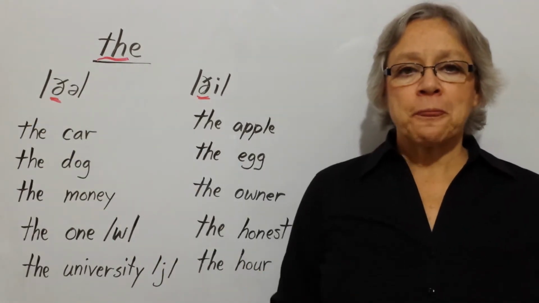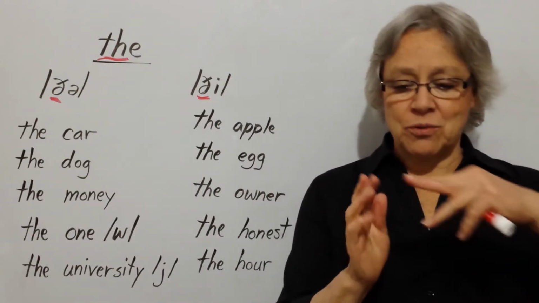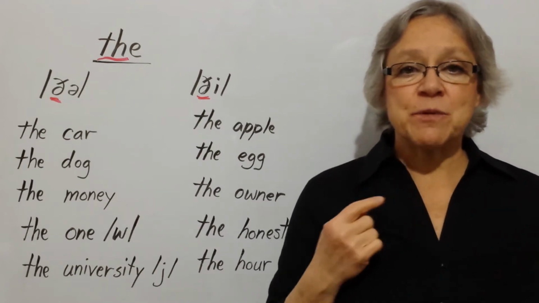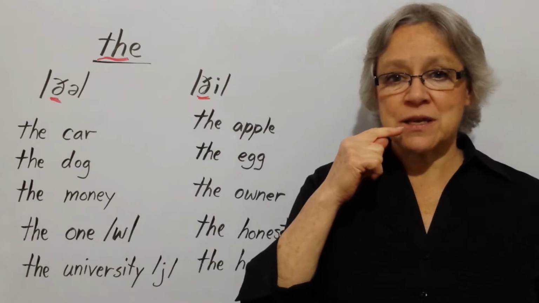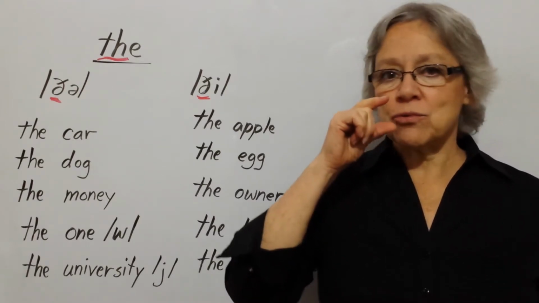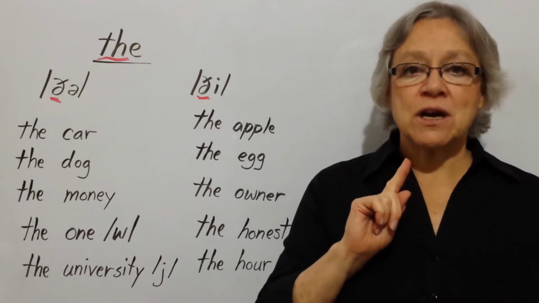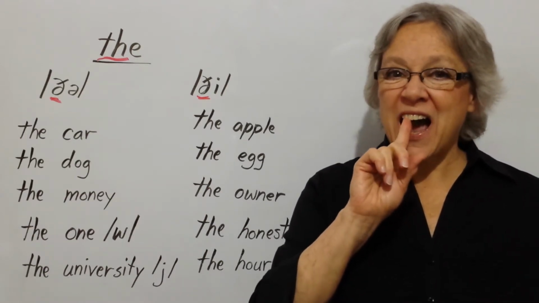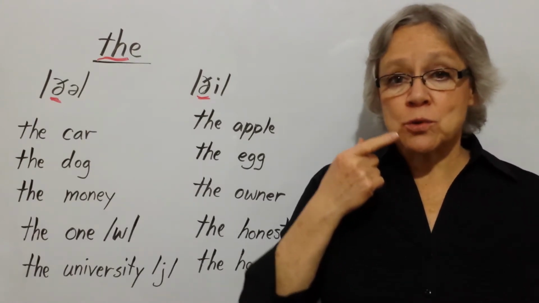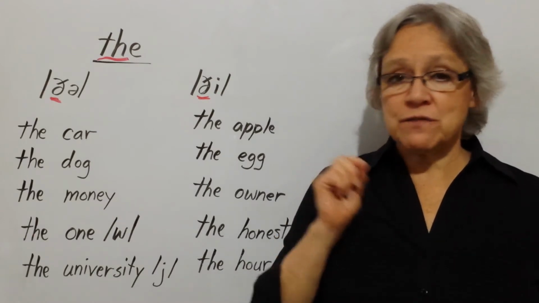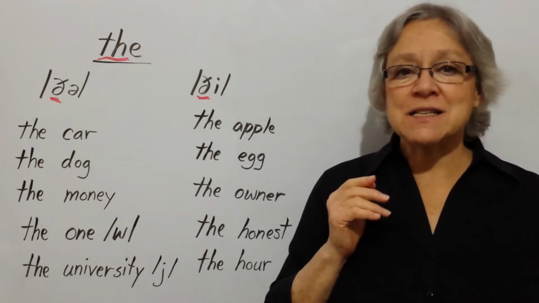To make it, we just very lightly put the tip of our tongue, so the tip is the very end, the tip of the tongue between the upper and lower teeth. The teeth are not together, you don't bite on your tongue, but the tongue does very lightly touch the bottom of the upper teeth, okay? The tongue usually protrudes a little bit, just a very small amount, maybe 3 millimeters or even less.